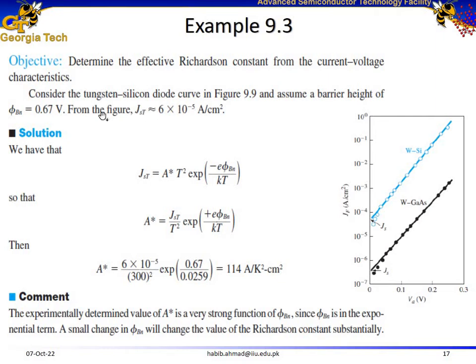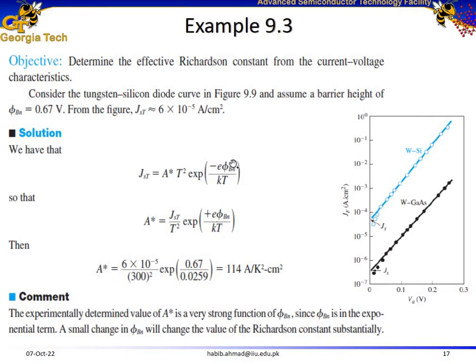The reverse saturation current is not given, but we can calculate JsT from this plot. JsT is basically the current at 0 volts under no applied bias. So JsT is approximately 6 times 10 to the power of minus 5 amps per centimeter square. We have this equation for JsT from the previous slide, the reverse saturation current: effective Richardson constant times temperature squared.